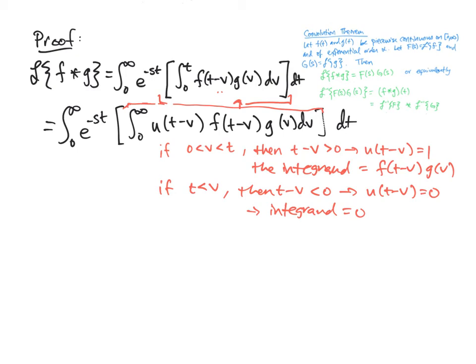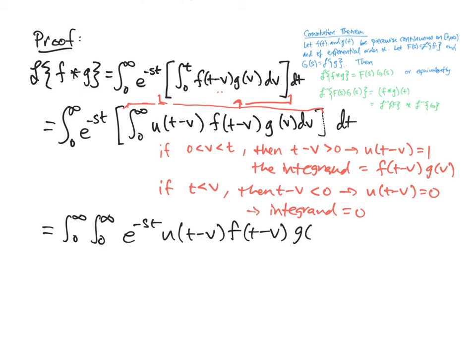Okay, so now I can pull the integrals together. So I can bring the e to the negative st inside that second integral: e to the negative st u f g of v dv dt.